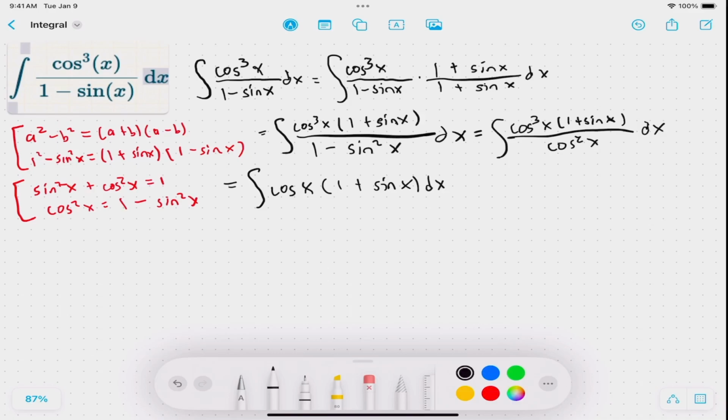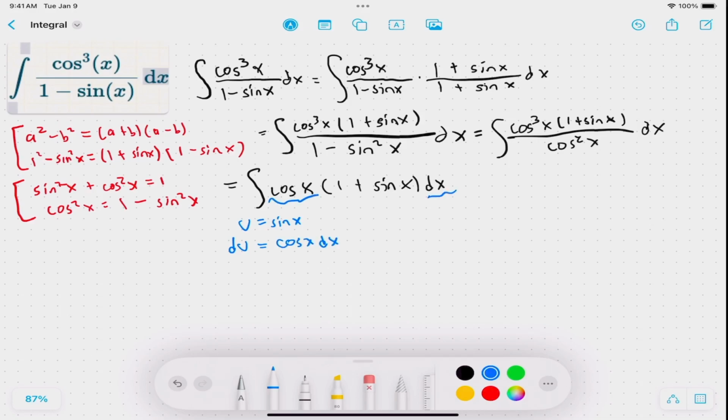Okay. And so from here, now we can do a standard u-substitution. We recognize that sine is in here, and we also have cosine x dx, and the derivative of sine of x is cosine of x. So I'm going to let u be sine of x, and taking the derivative of both sides, we get du is equal to cosine x dx.